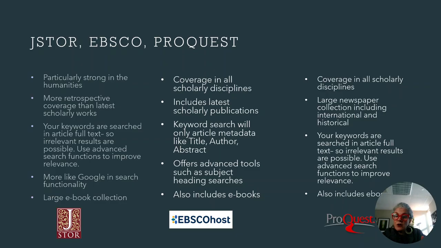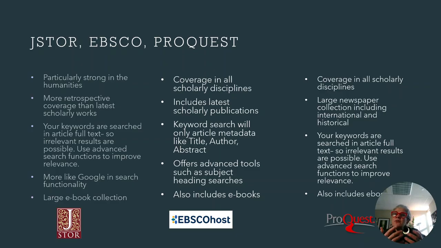It covers all scholarly disciplines right up to present, and when it searches, it's searching a limited number of fields. So usually the article title, the journal title, the abstract or summary of the article. And that means that you have a greater chance of getting no results back, and you'll have to limit your search words to only the most significant nouns.